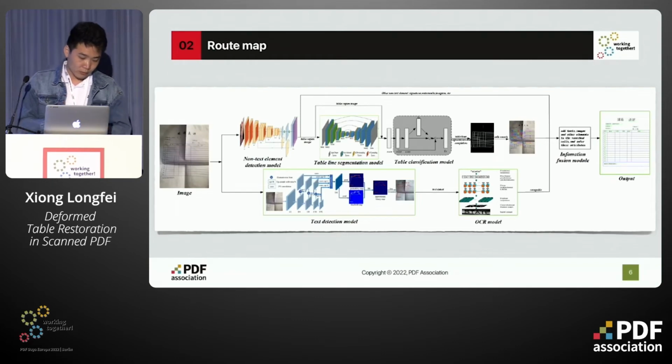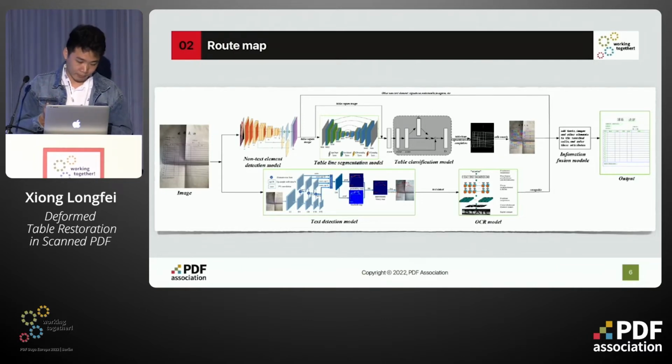In order to solve the problems mentioned above, we can use the technology roadmap shown in the figure. In order to fit it in a slide, I only kept the key parts. First, we may do some pre-processing to correct the original document, and the corrected image will be sent to two models.